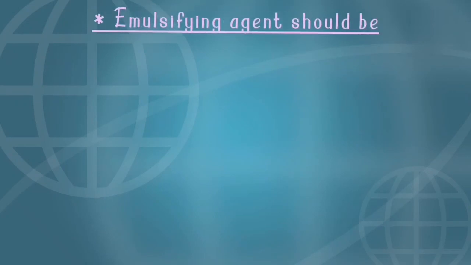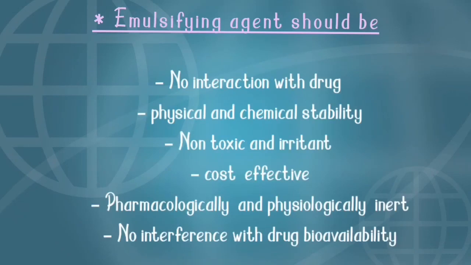Now, we see some properties of this emulsifying agent. They do not interact with the drug. They have physical and chemical stability, are non-toxic and non-irritant, cost-effective, and also pharmacologically and physiologically inert. They do not interfere with drug bioavailability.